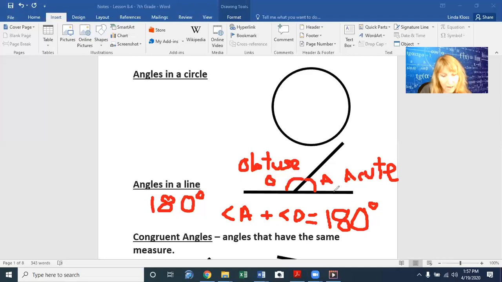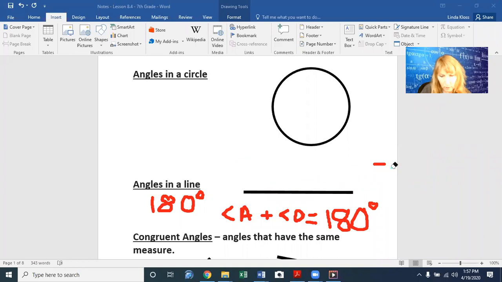Yes. I could also move, let me clear my drawings. Let's just clear this one. What if I took my line and I went this way? Would these two angles that are formed right here and right here also equal 180 degrees?